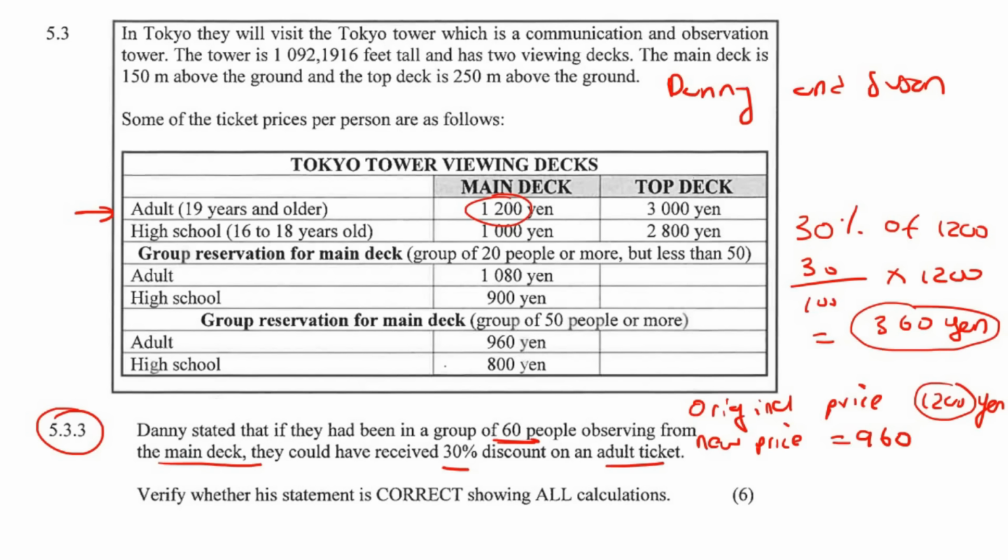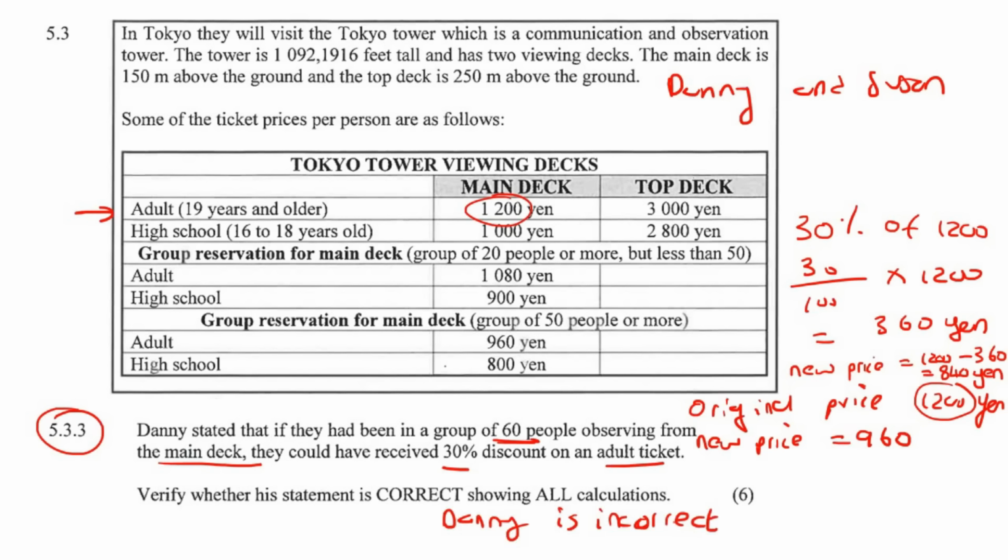So the new price then would be 1,200 minus 360, and that gives you 840 yen. But they said that the price is 960. So Danny is incorrect. Danny is incorrect. Because if you take a 30% discount, let me write this a bit bigger for us.